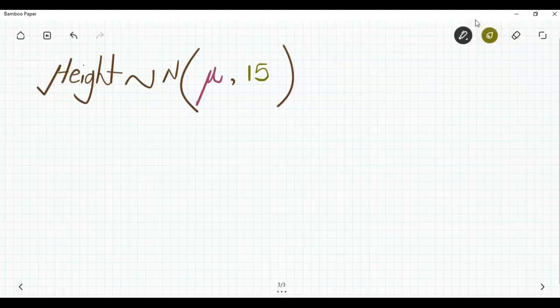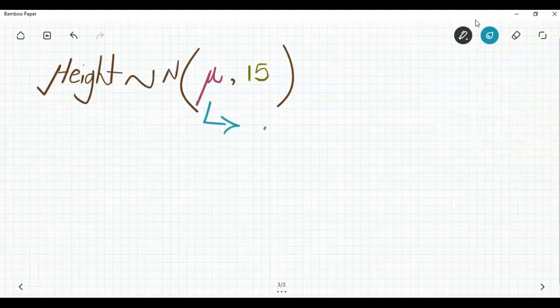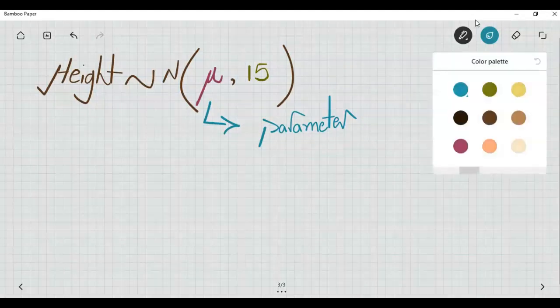Then, because mu is a parameter, we call that a parametric Bayesian analysis.